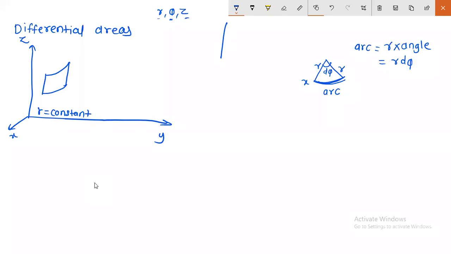So this will be your differential area. This is your r into d phi, and this is your dz.